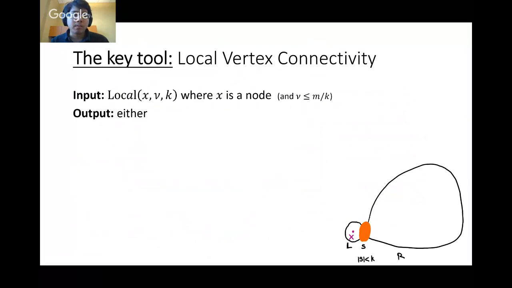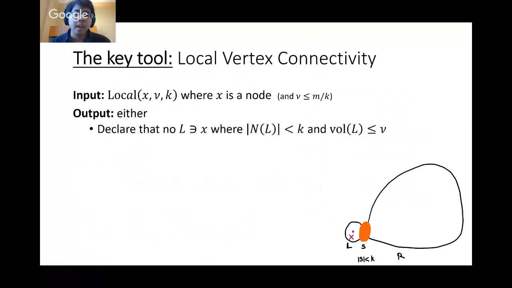To make it more formal, it is a procedure Local(X, nu, K), where X is a node, and we also need that nu is at most M over K. It does the following.